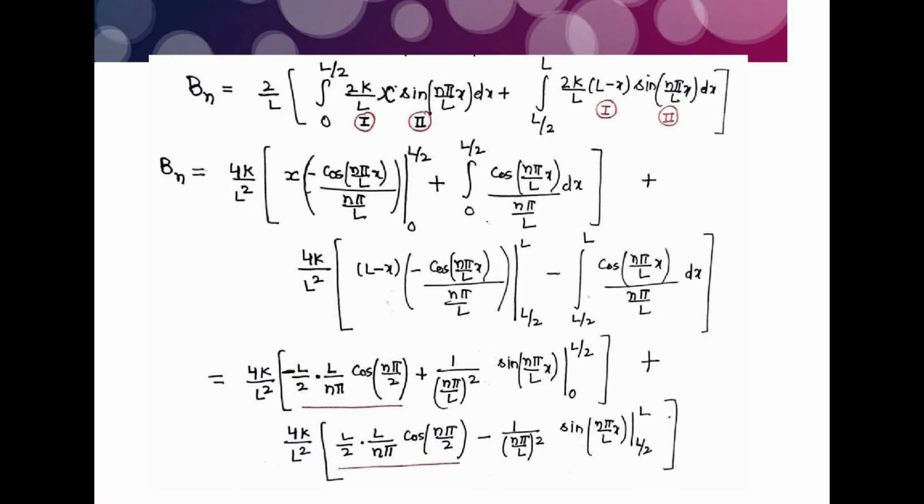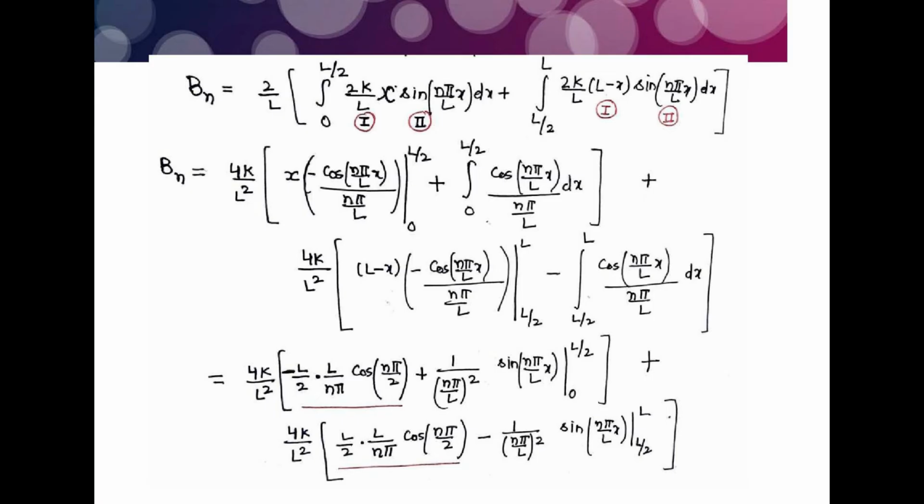Now I have marked different functions here as 1, 2, and similarly in the second integral also. And now we integrate these expressions by parts. The first function I am taking as x, and the second function is sine n pi over L x.